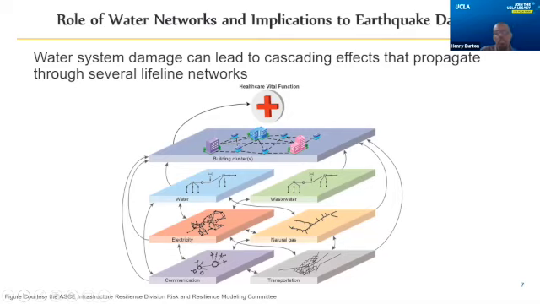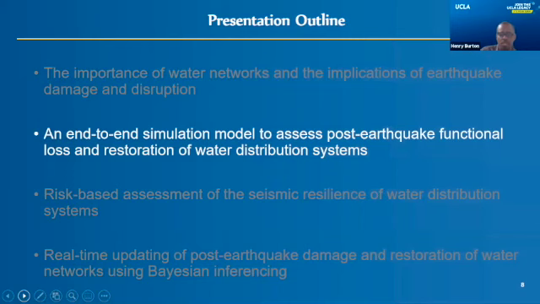We know that a lot of our critical infrastructure is highly interdependent, meaning the damage or disruption within one system can propagate to functional losses within other systems. And given that pretty much all of our critical infrastructure relies on water systems, there's this tendency for cascading failure if you have damage to water distribution systems.